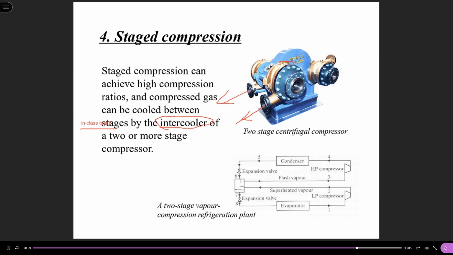I think this is a 2 stage, and here is the intercooler.